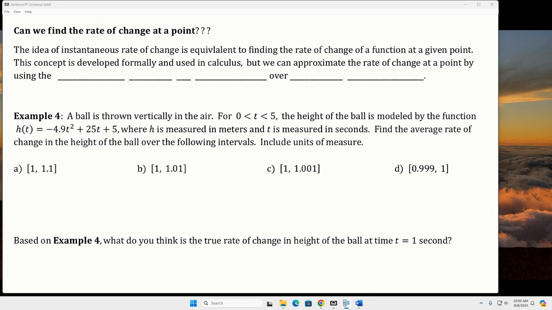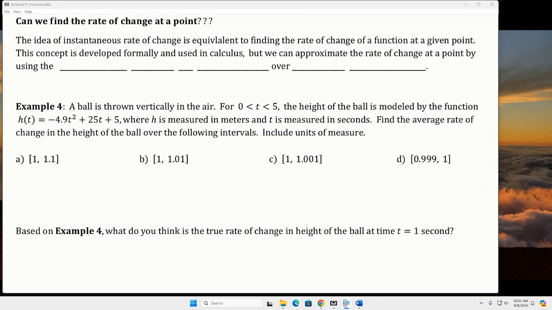All right, so yesterday we talked about 2 types of rate of change. The average rate of change, which is what we just finished doing, and the rate of change at a point. And so the question is, can you find the rate of change at a point? You cannot without calculus. And so we're not going to learn derivatives this year, so it's fine.